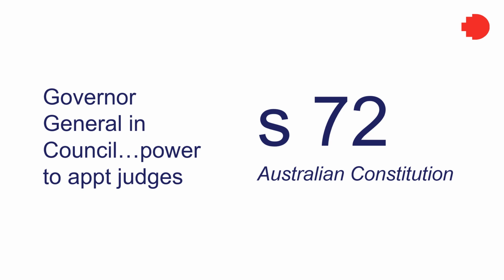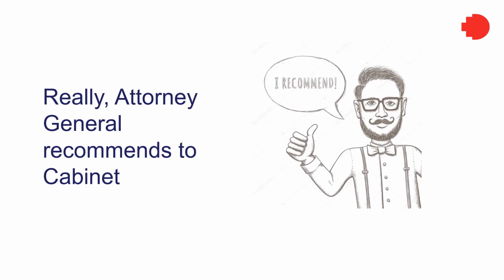Section 72 of the Australian Constitution expressly confers power to appoint judges on the Governor-General in Council. In practice, the relevant Attorney-General will make recommendations, recommending to Cabinet that they appoint individuals as judges, and then the Cabinet would advise the Governor-General whom to appoint.